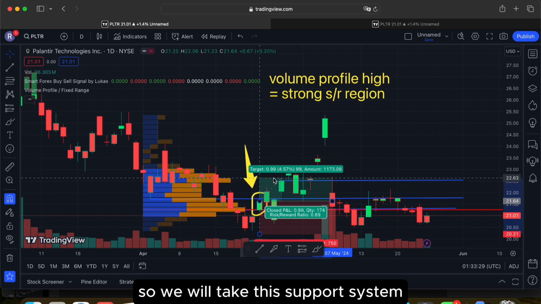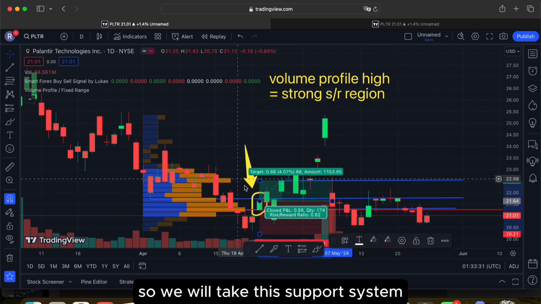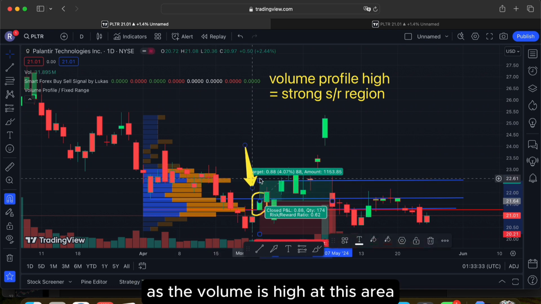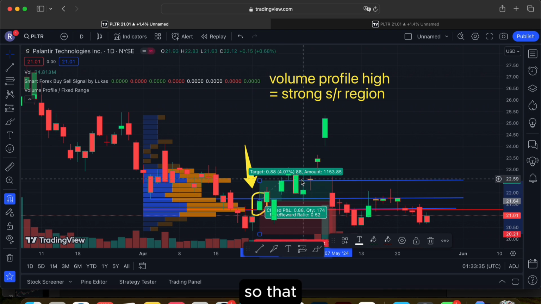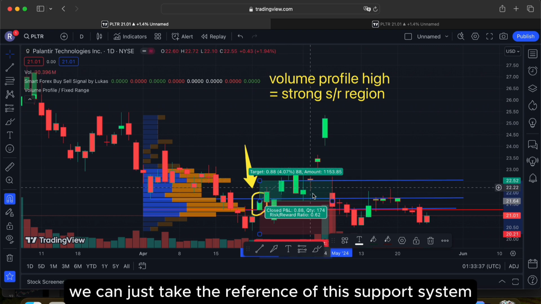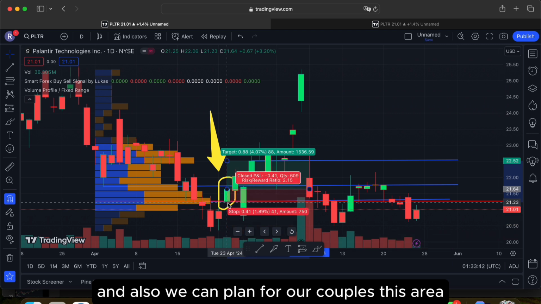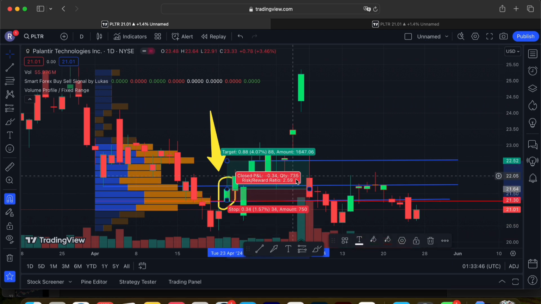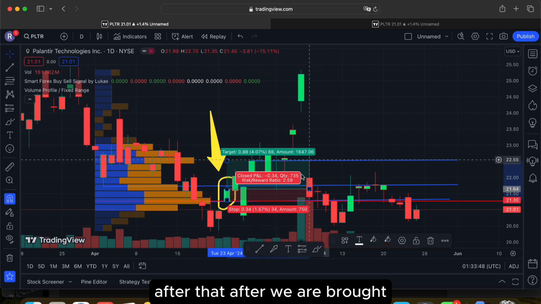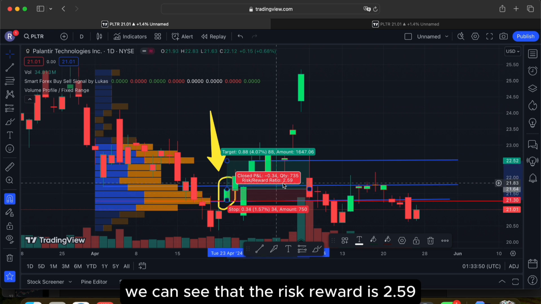So we will take this support resistance as the volume is high at this area, so that we can take the reference of this support resistance, and also we can plan for our cut loss at this area. After we have plotted, we can see that the risk reward is 2.59.